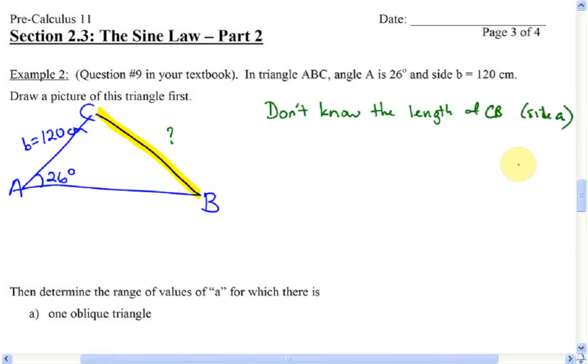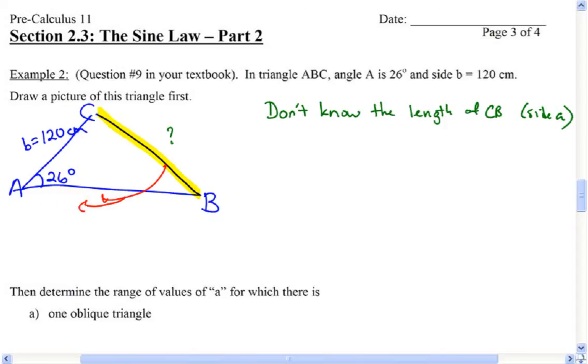I didn't tell you. So I don't even know if the triangle looks like this or not. This side B could be like right here, like this. Don't draw this in, by the way. Or it could be swung over even more. So it could be like this. I don't know.